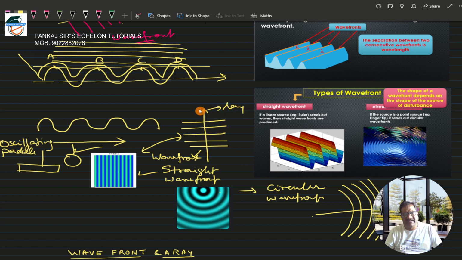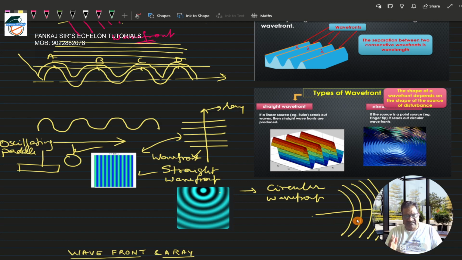Any ray of light can be thought of as a wavefront also. Only thing is the wavefront will be in the perpendicular direction to the ray of light. If it is a straight wavefront, then all these wavefronts will be straight lines parallel to each other, and if it is a circular wavefront, then all these wavefronts will be arcs of concentric circles.